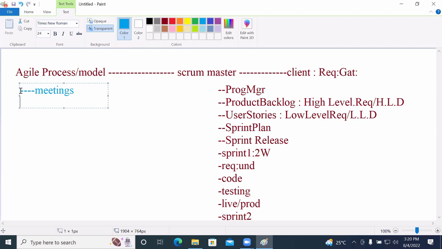In the waterfall model and V model, there is more importance for documentation and very little importance for meetings.